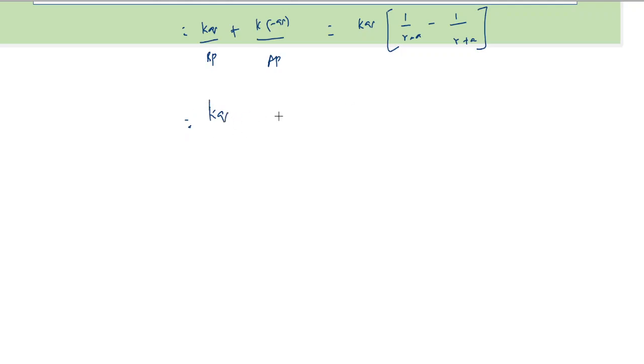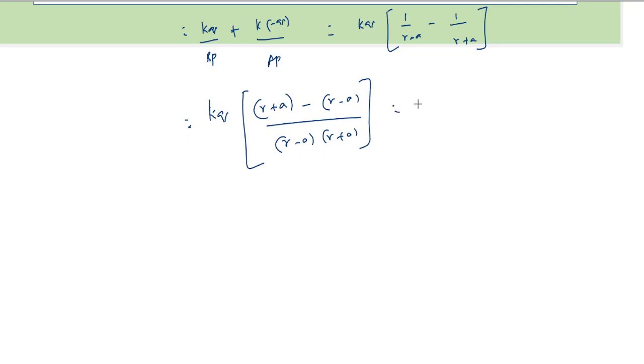Let's take LCM and solve it. So it becomes r plus a minus of r minus a by r minus a into r plus a, that is equal to kq, open the brackets, r plus a minus r, minus of minus becomes plus a, by this term is of the form a plus b into a minus b, that is equal to a square minus b square.